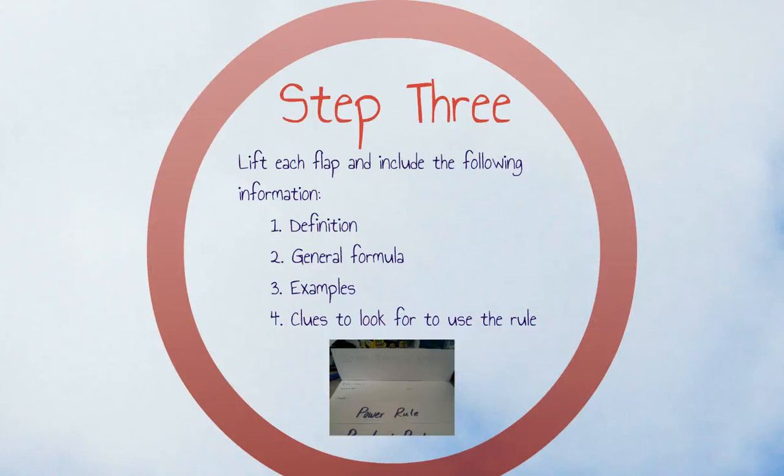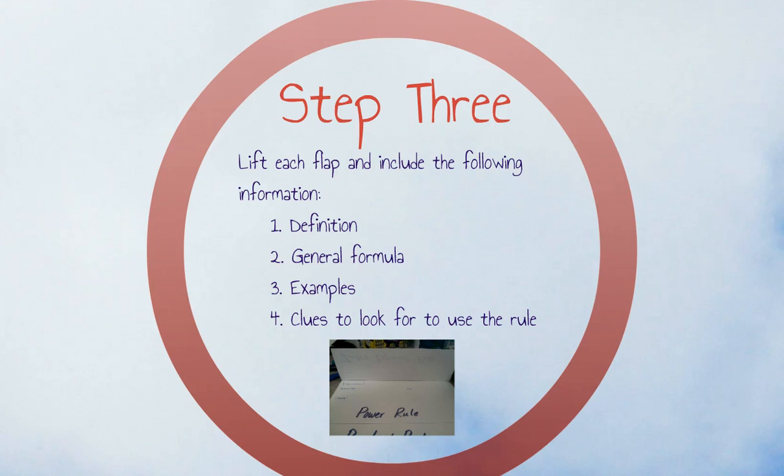Step 3. Lift each flap and include the following information: definition, general formula, examples, and clues to look for to use the rule. The definition will be found in your notes. The general formula is the one that we explored and created as a class.